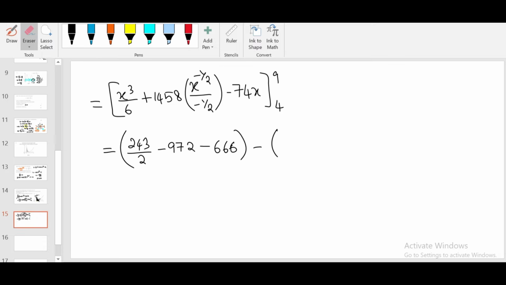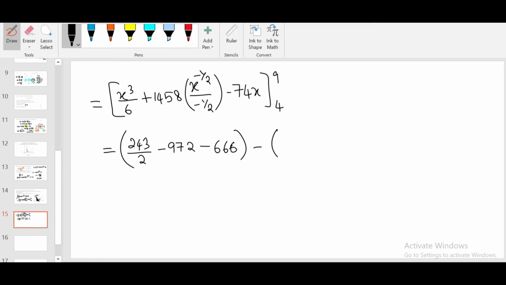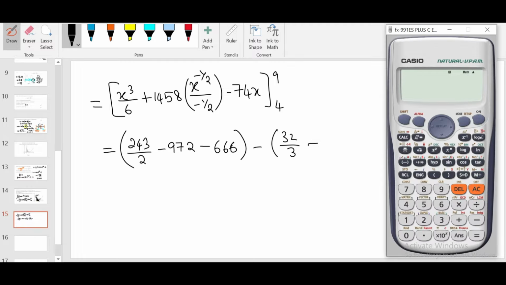Now replace x by 4, so it's going to be 4 cube divided by 6, 32 over 3, minus the second term, which is 2 times 1458 times 1 over x power positive half.